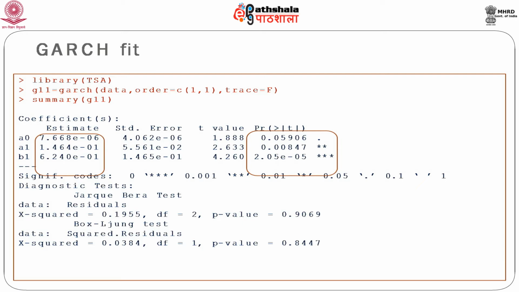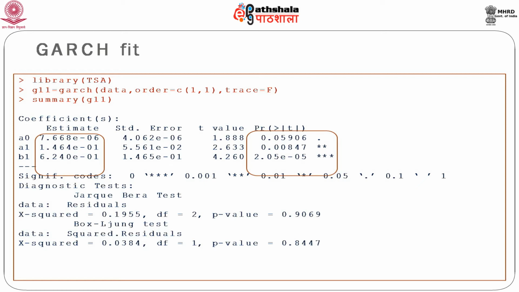And here the squared residual Ljung-Box test p-value is also provided, 0.84, which is not significant. So it's indicating no further autocorrelation is there. So the model is quite good. A GARCH(1,1) model is appropriate for this data.